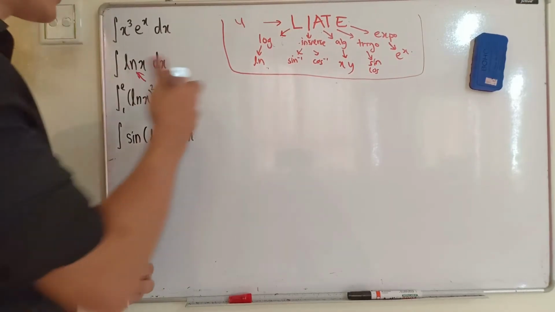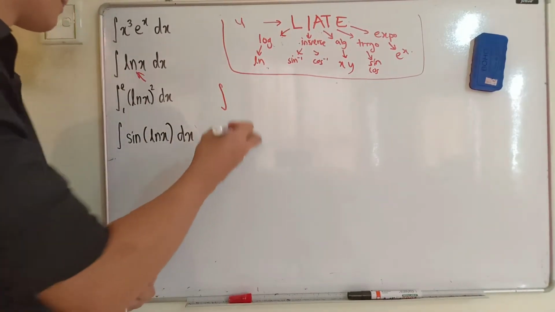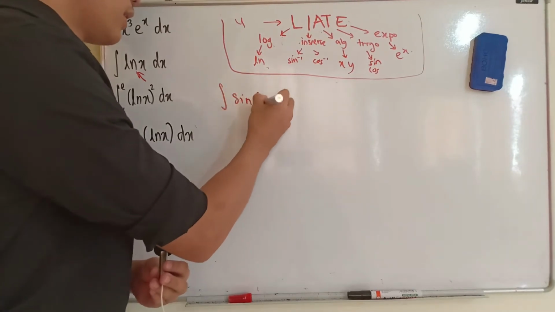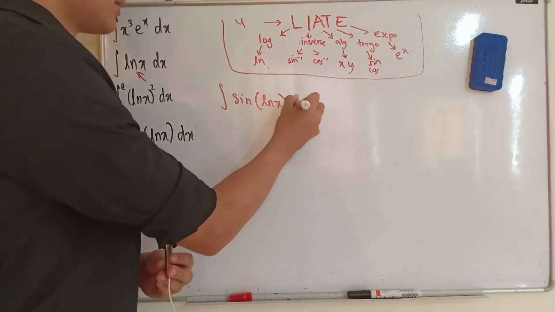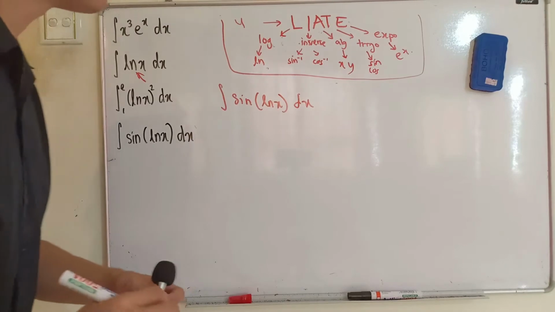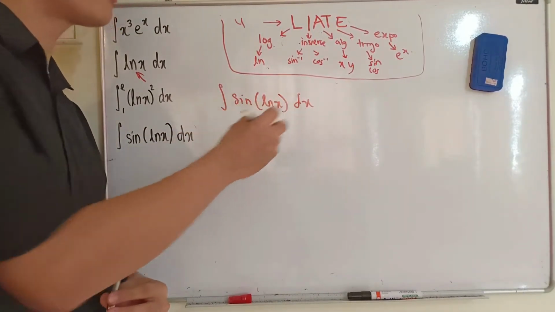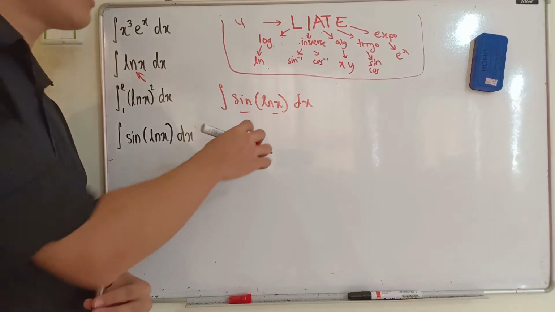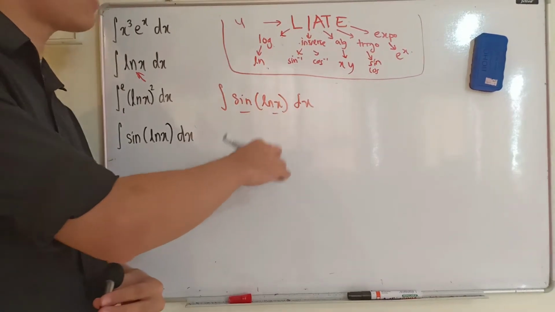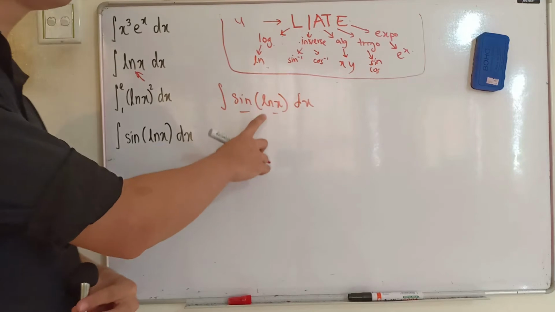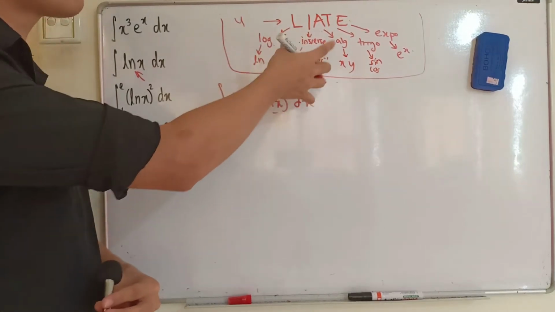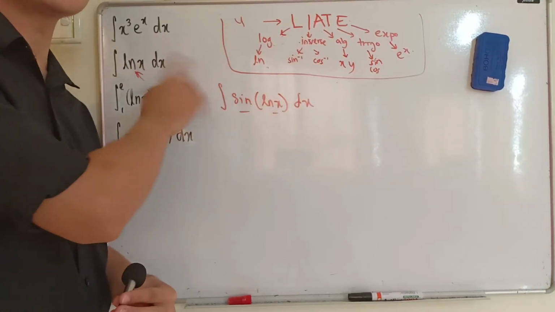So for our last question, you need to integrate sine ln s ds. So now, how are you going to solve this question? Because you have your trigo and also your logarithm over here. You cannot follow the priority rule over here because you have your ln inside your trigo.